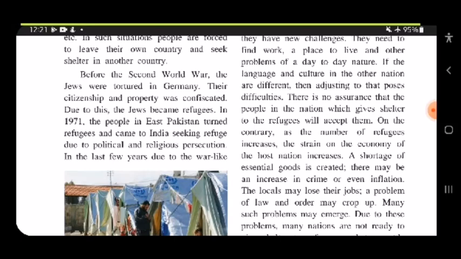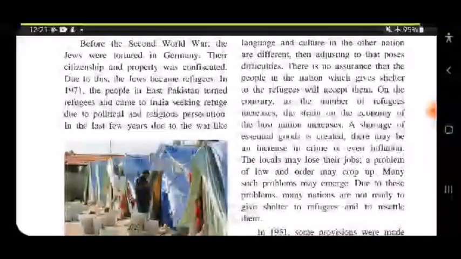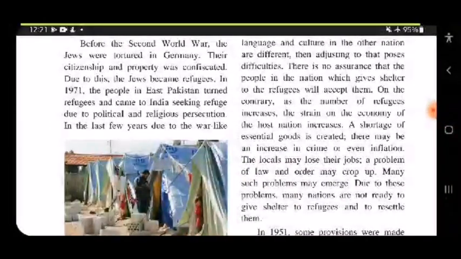There is no assurance that the people in the nation which gives shelter to the refugees will accept them. Will they accept them? Another question arises. On the contrary, as the number of refugees increases, the strain on the economy of the host nation increases. A shortage of essential goods is created. There may be an increase in crime or even inflation.